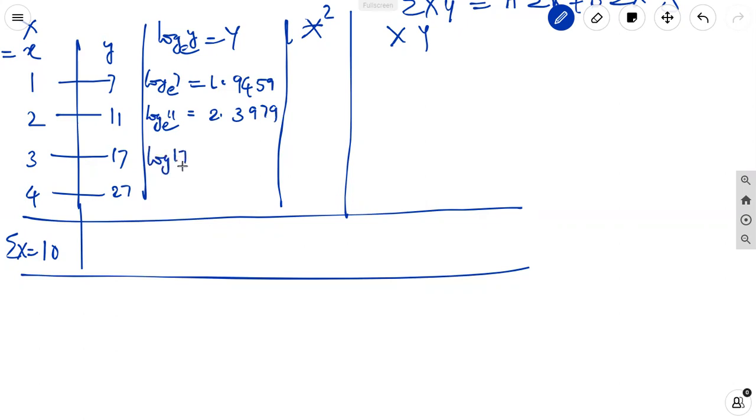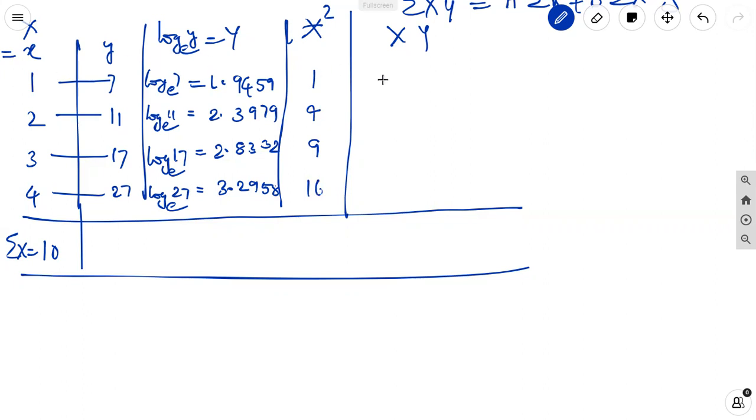Log 17 base e equal to 2.8332. Log 27 base e equal to 3.2958. X square means 1 square is 1, 2 square is 4, 3 square is 9, 4 square is 16.